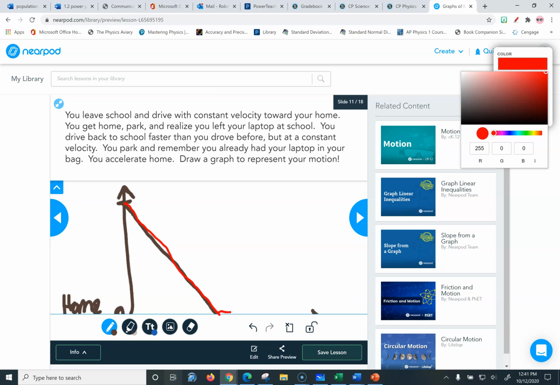Then we're going to stay put for a little bit. Then we're going to go faster back to school, so that's going to be a steeper line. We'll sit for a second, and then what we're going to do is we're going to accelerate home, which means we're going to have a changing slope that's going to get steeper and steeper. So it's going to look probably something like that. So as long as you're in the neighborhood of that, then we're good to go.